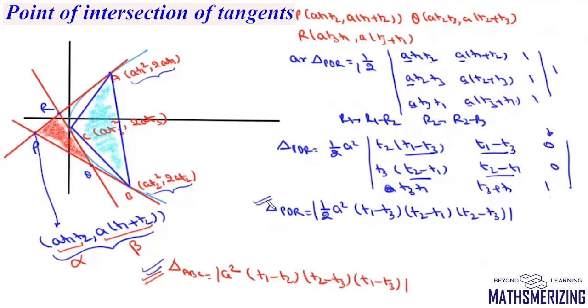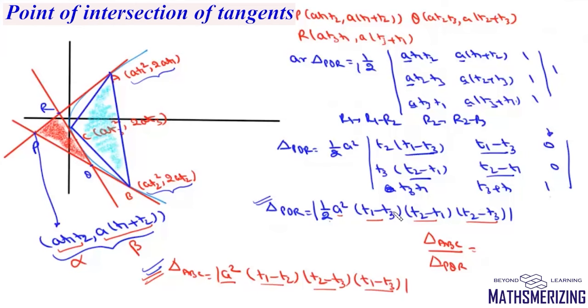So now we have area of this triangle ABC, and we also have area of this triangle PQR. Now we need to find ratio of areas of triangle ABC upon areas of triangle PQR. So if we take this result, it is A square, and then T1 minus T2, T2 minus T3, T3 minus T1, and here it is A square by 2, T1 minus T3, T2 minus T1, and T2 minus T3.